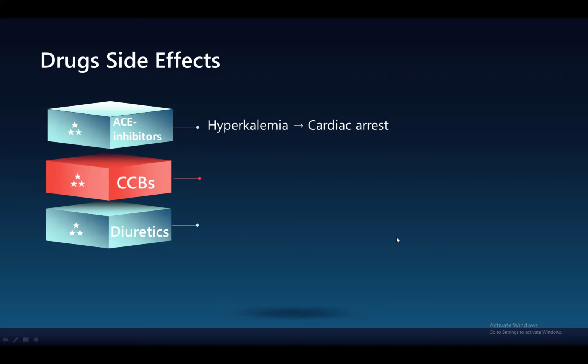But what ACE inhibitors do is it decreases aldosterone secretion, so potassium excretion is decreased and it results in hyperkalemia. Hyperkalemia can be very dangerous. It can be life-threatening because it can result in cardiac arrest.